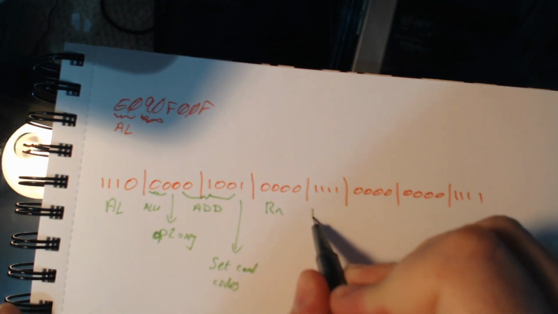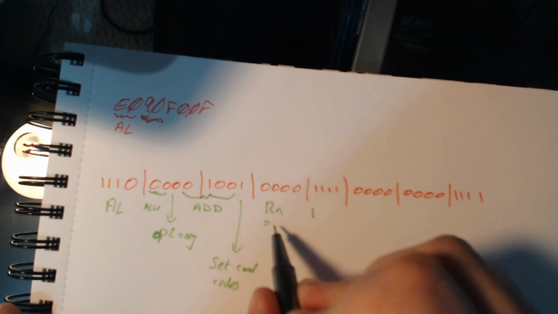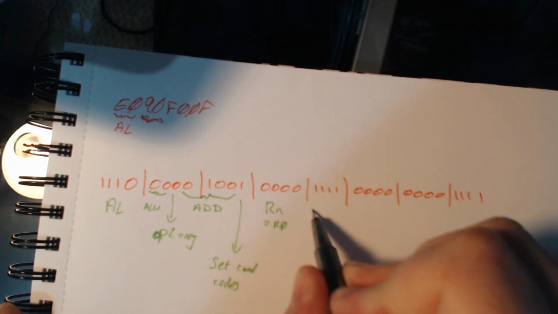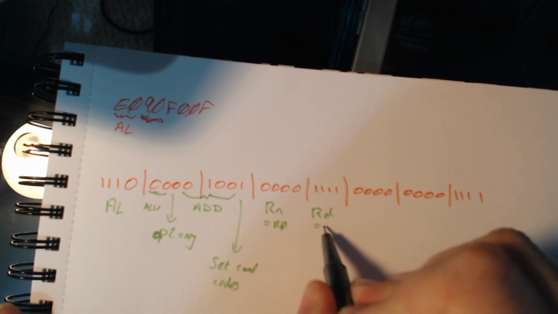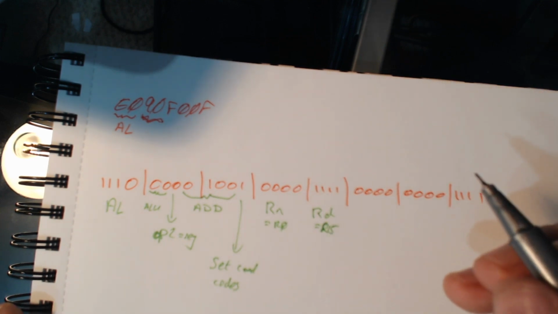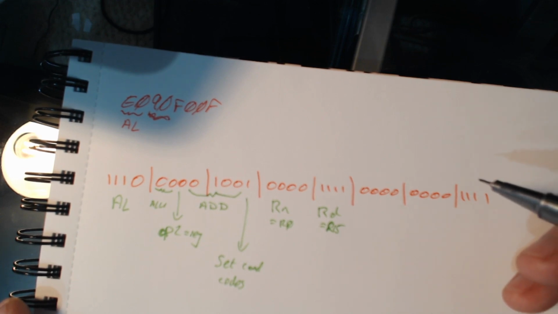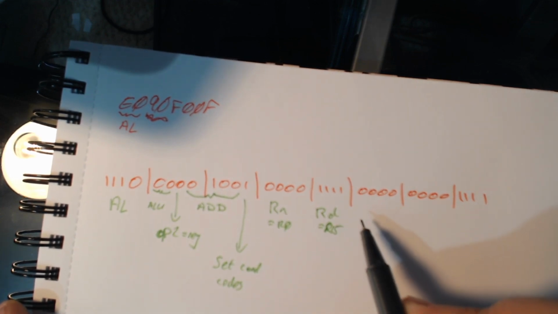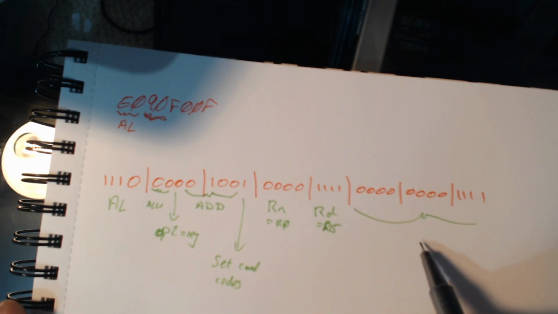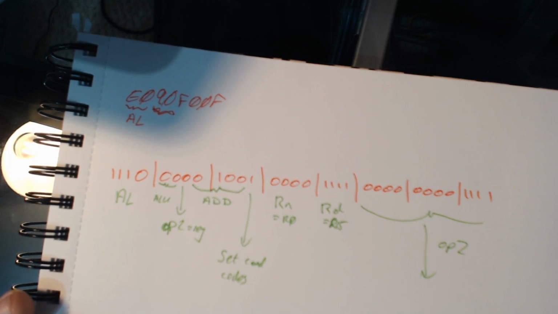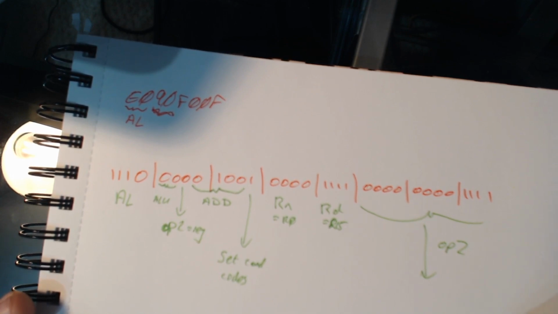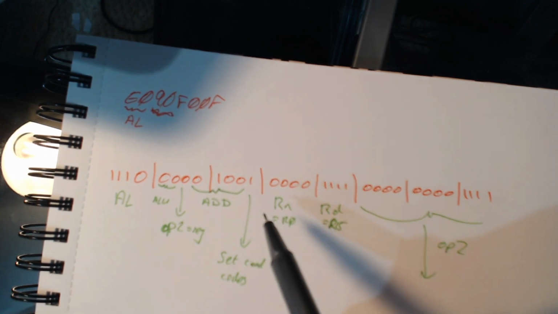So Rn equals R0, Rd equals R15. Okay, so all of this is operand 2. So we've got to break that down, depending on this I we had earlier.